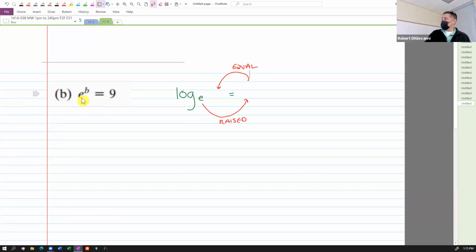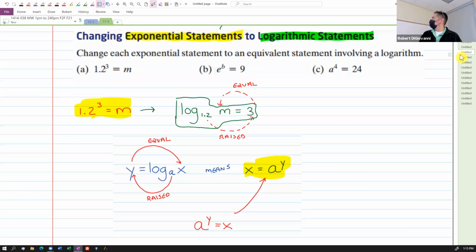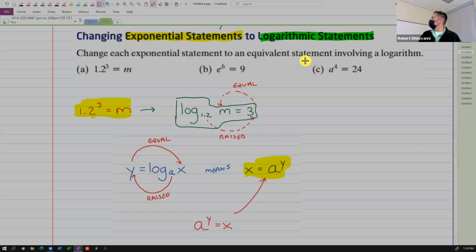So what am I raising e to? b, that's going to be on the right-hand side of the equation, b, and then this must equal 9, right? So the 9 goes here. With me? Let's do the next one. You try this one on your own.